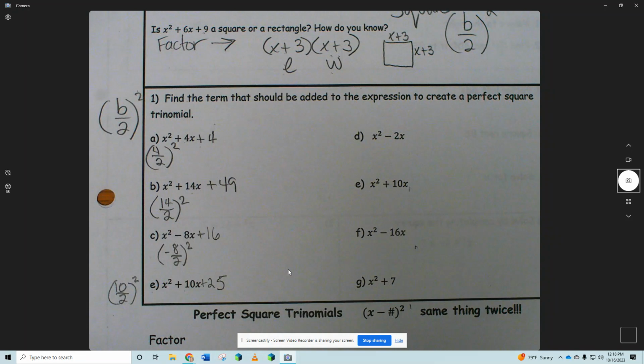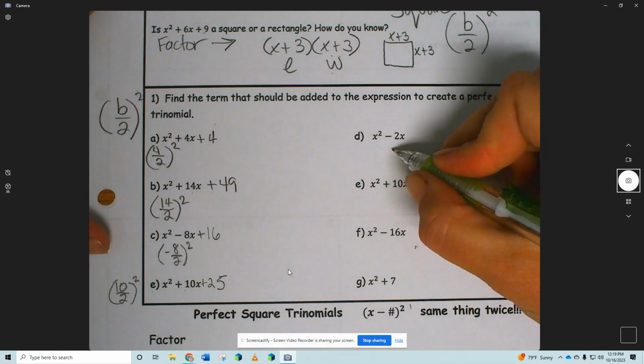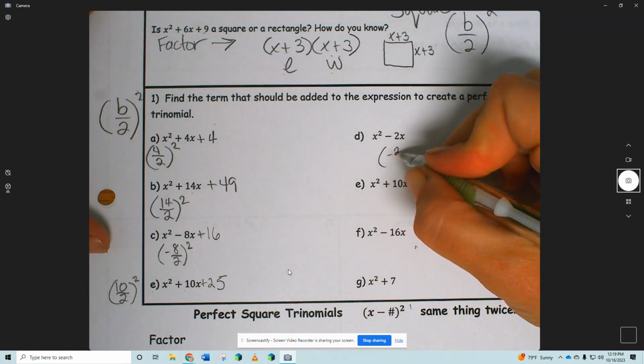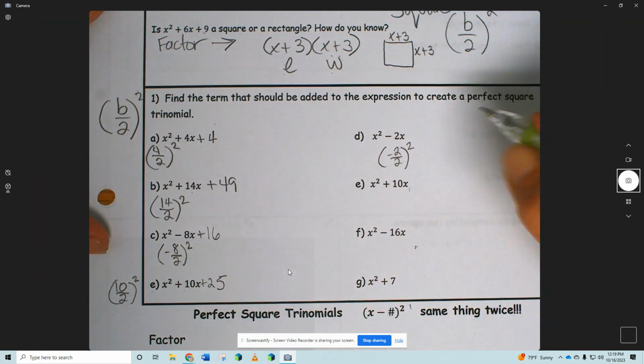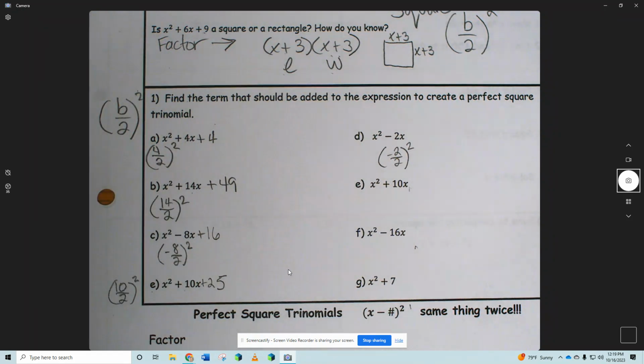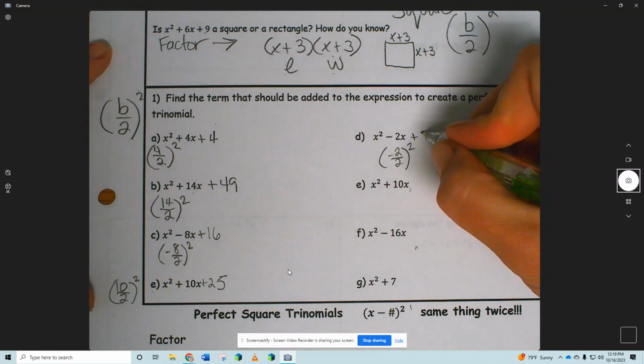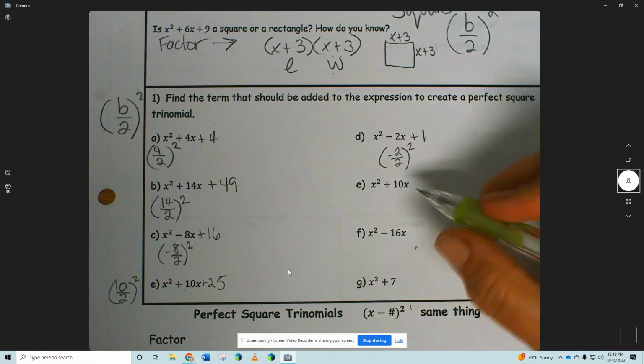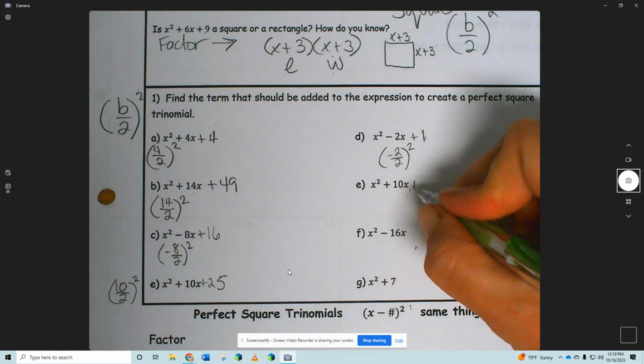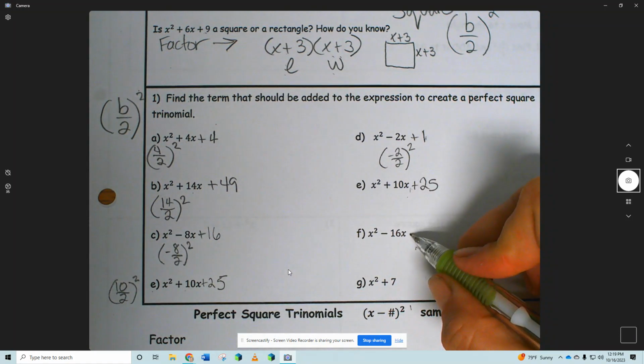Can one of you say it, please? 2. 2 cut in half is what? 1. 1 squared. So what's 1 squared? Thank you. Table 5. 25. Thank you. Table 6, F.